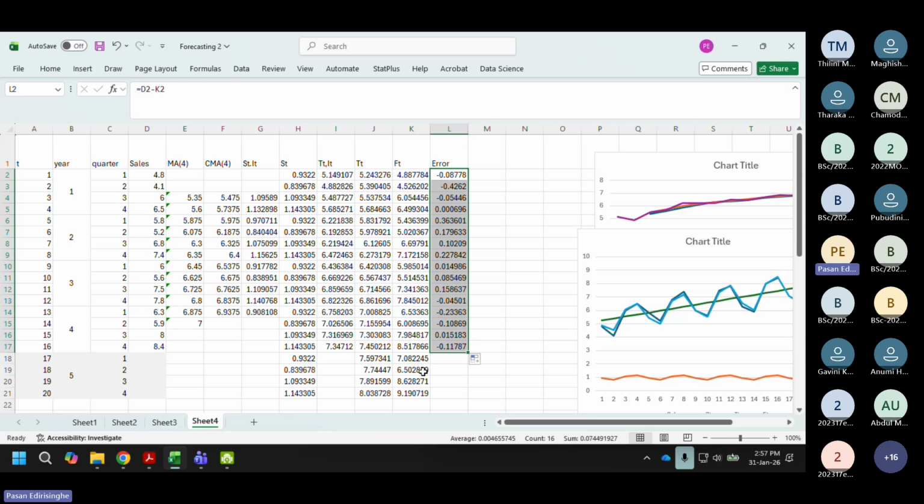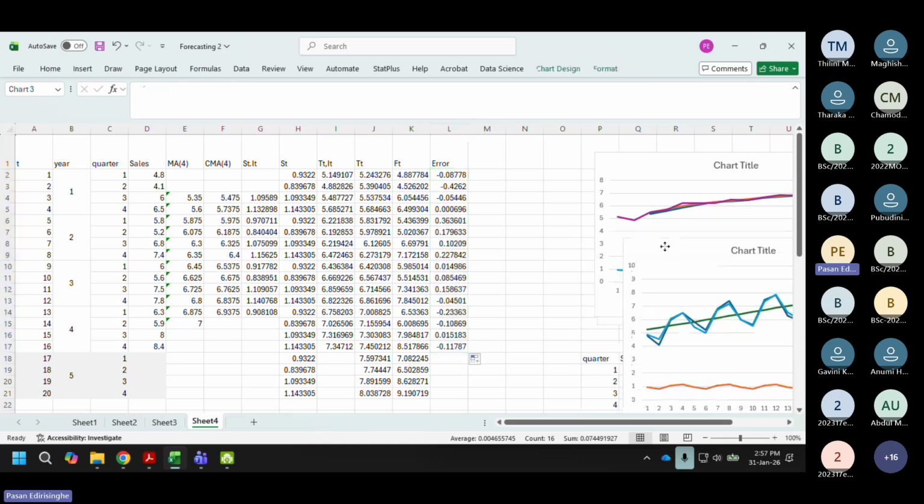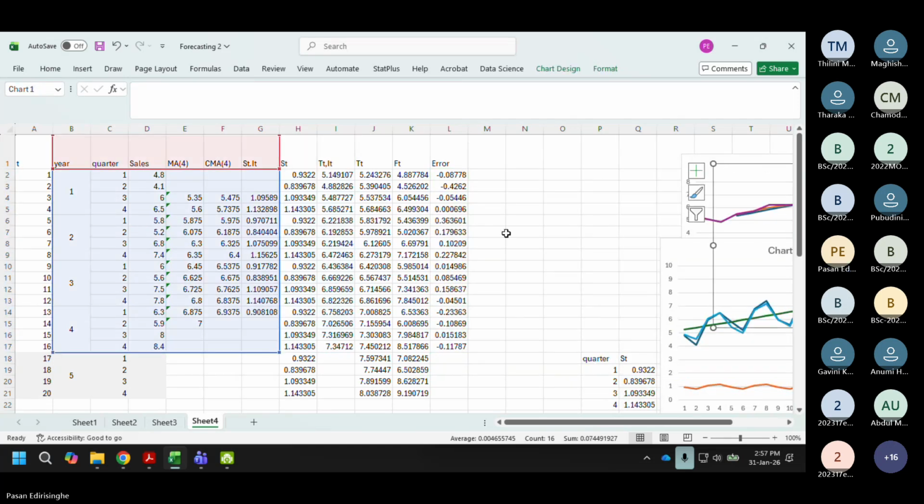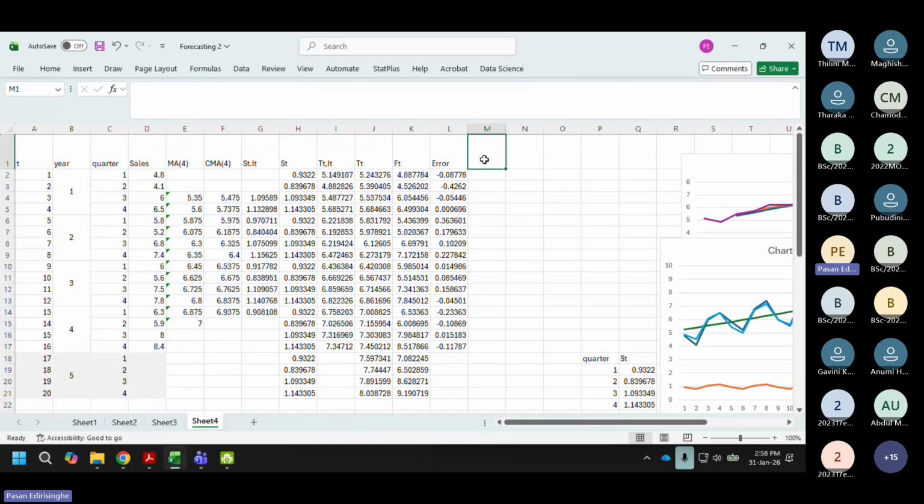Okay. And with these error terms, of course, now if I just calculate some of the previous measurements, mean absolute deviations and so on, right?